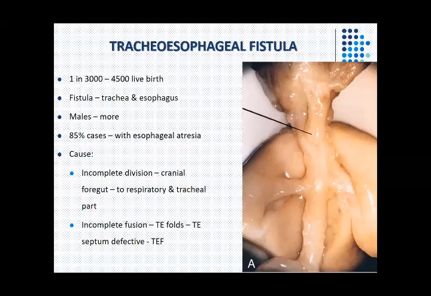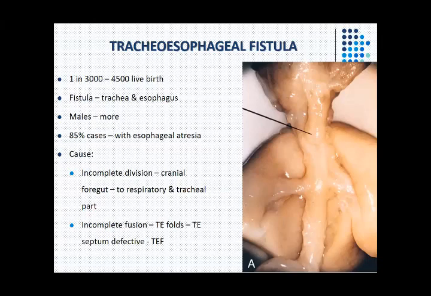Okay, this occurs in 1 in 3,000 to 1 in 4,500 live births, so it is not common. Now you know that by definition a fistula is an abnormal communication between two epithelial lined cavities. So tracheoesophageal fistula means there is a communication between the trachea and esophagus.